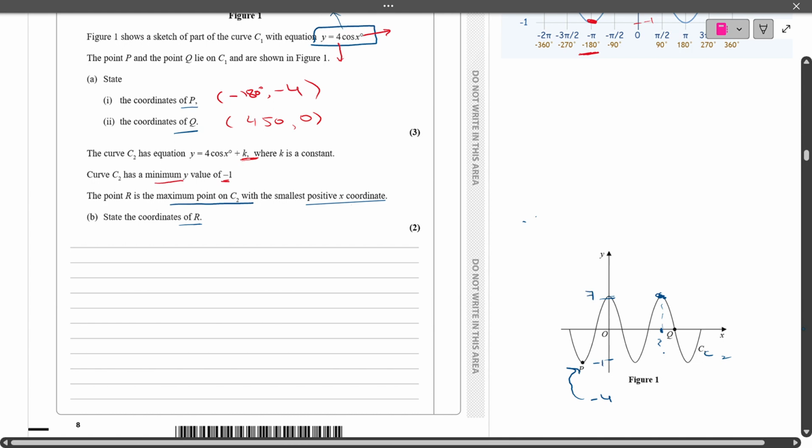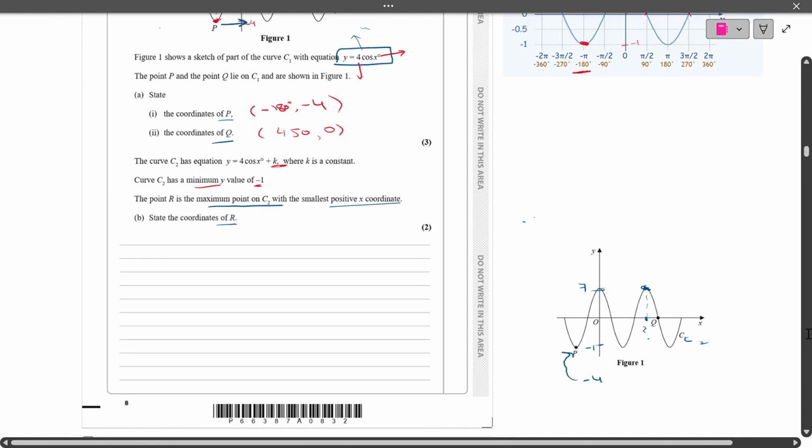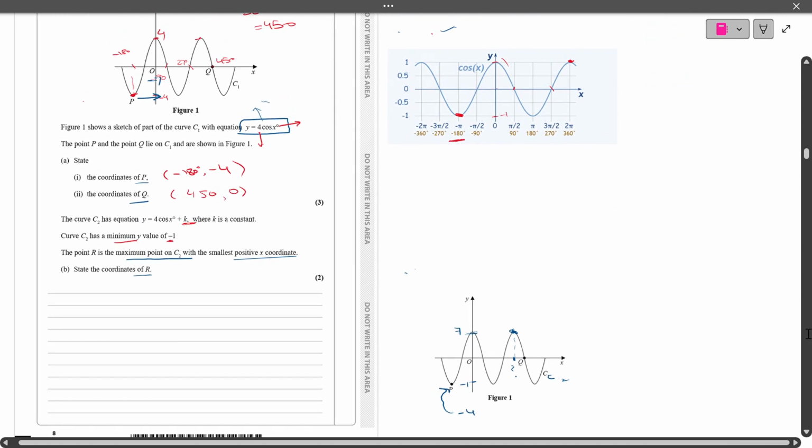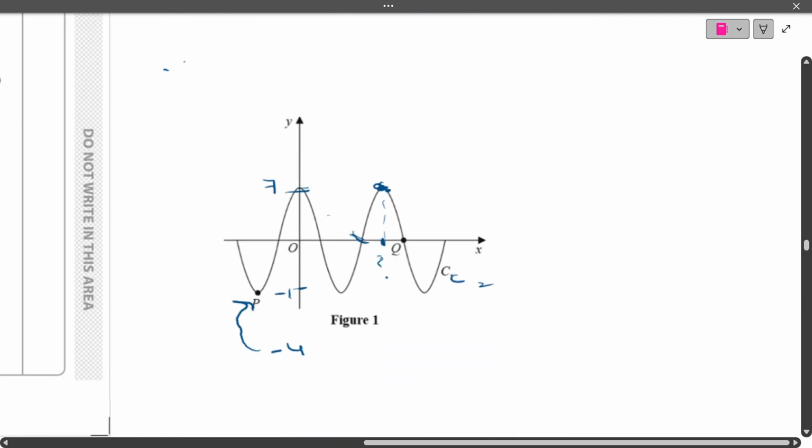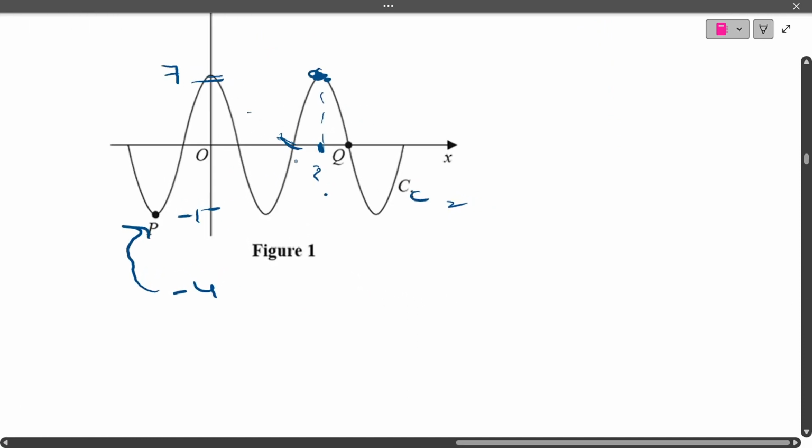If I look at my original graph, this point is 90 degrees, this is 270, and this point is 360 degrees.